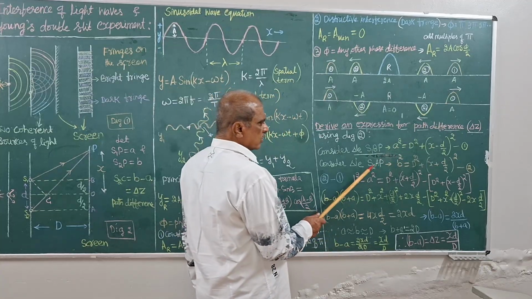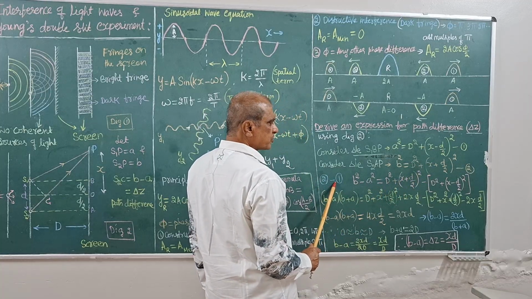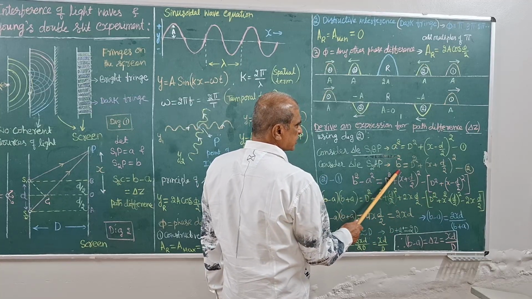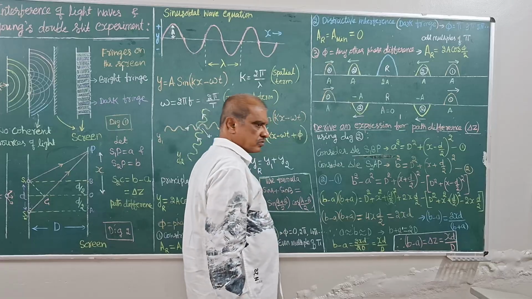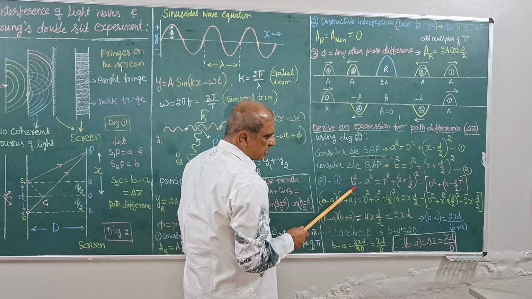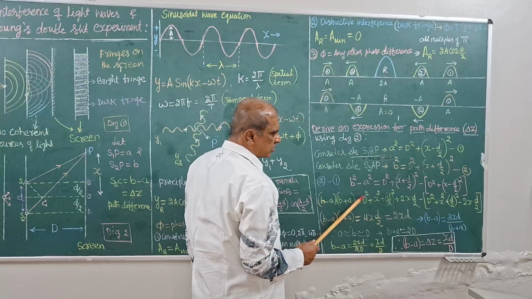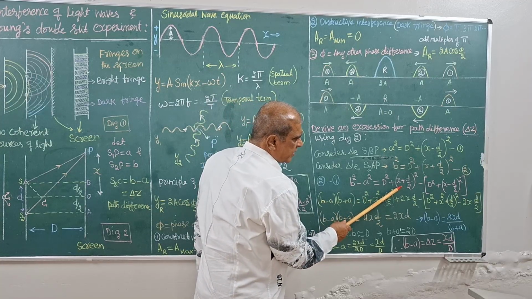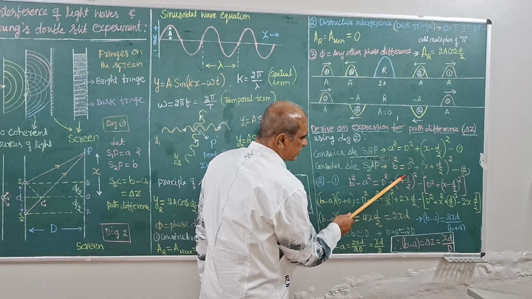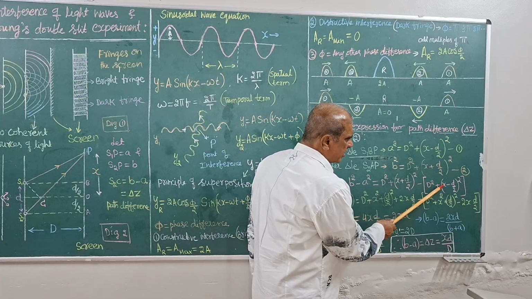Now we can subtract one from the other, equation 2 minus equation 1. On the left hand side, b square minus a square, this minus this. Expand it as b minus a into b plus a. On the right hand side, apply (x plus d by 2) whole square, expand it, minus of bracket, the same (x minus d by 2) whole square.